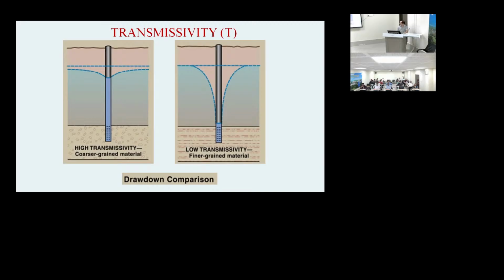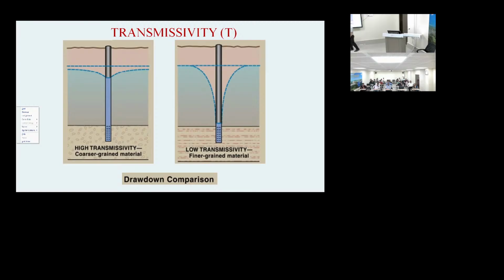So this shows how higher transmissivity exists in actual field conditions when the water is pumped out. In the case of coarse grain material, it has a higher potential aquifer system and a huge discharge.